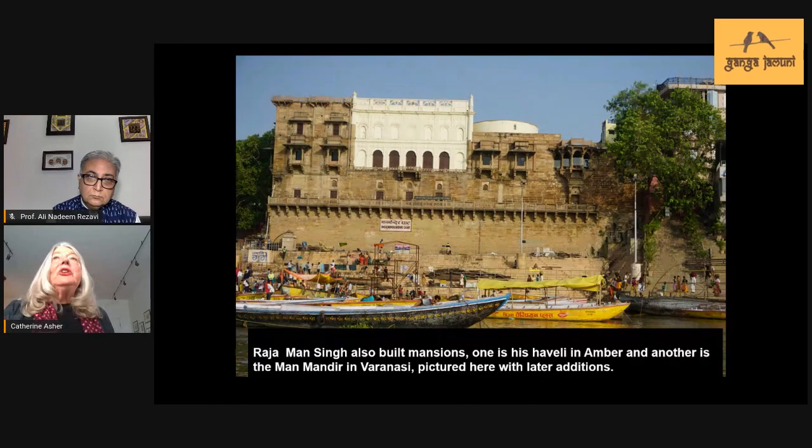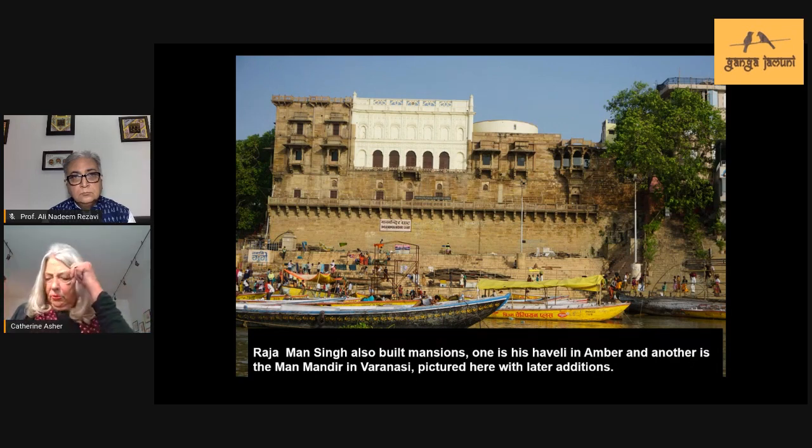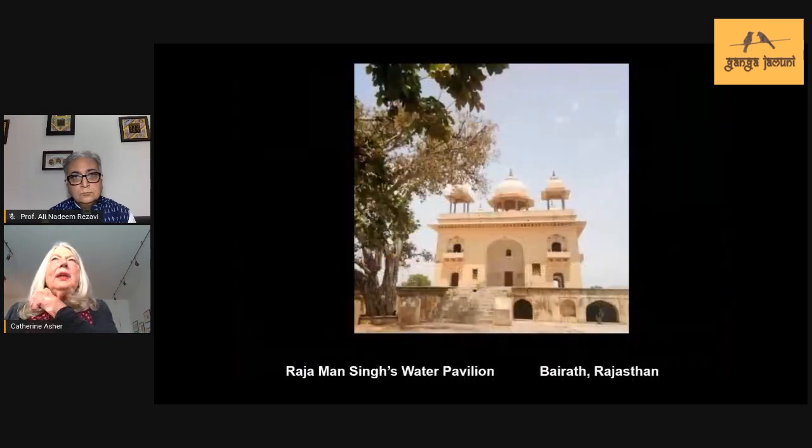Man Singh built mansions, one of which is a Haveli in Amber, which I'm not showing you except for that painting. Another is this Mandir in Benares, in which the part that's painted kind of cream is a later intrusion. But you can see that the sides of it have the typical sort of Akbari Jarokas that we have.